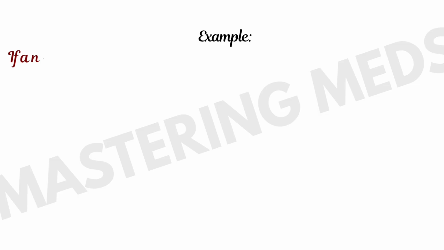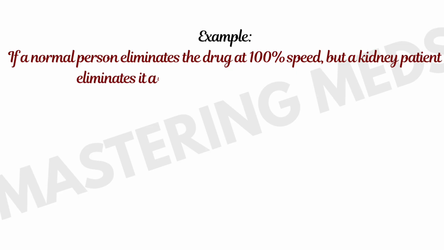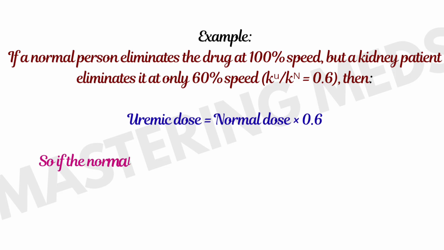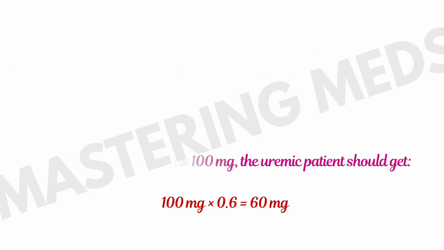Example: if a normal person eliminates the drug at 100% speed, but a kidney patient eliminates it at only 60% speed, Ku over Kn equals 0.6, then uremic dose equals normal dose times 0.6. So if the normal dose was 100 milligrams, the uremic patient should get 100 milligrams times 0.6 equals 60 milligrams.